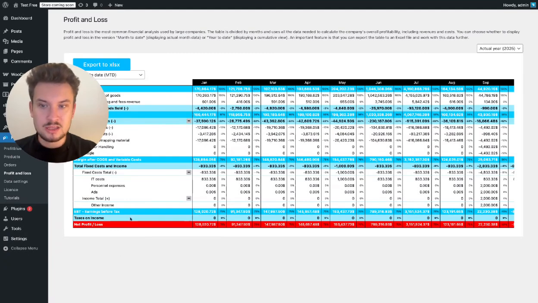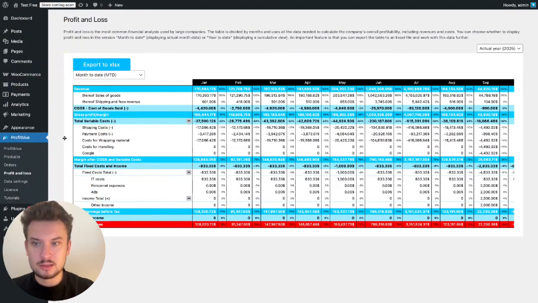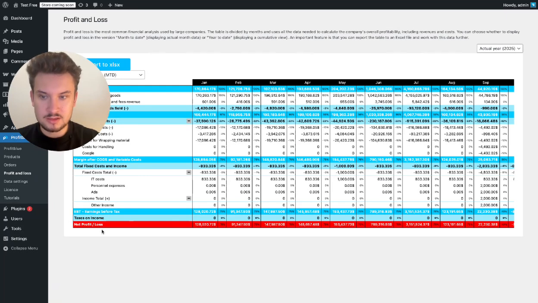Then we have EBT, earnings before tax. It's basically the number that you get after COGS, variable cost, and fixed cost. You get some EBT. Then you have taxes on income. It's the taxes that you pay to the government directly for your profit. And then you have real net profit and loss.